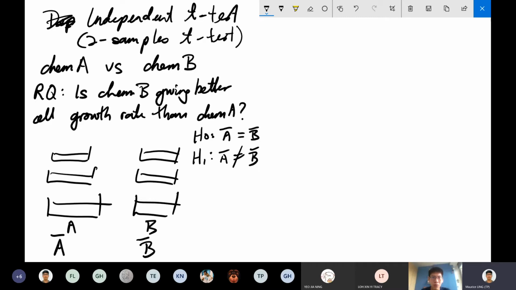Okay, so these are called two-sample t-test or independent samples t-test. But for independent sample t-test, there's actually two versions of it. Okay. Now, dependent sample t-test is also known as your paired t-test.